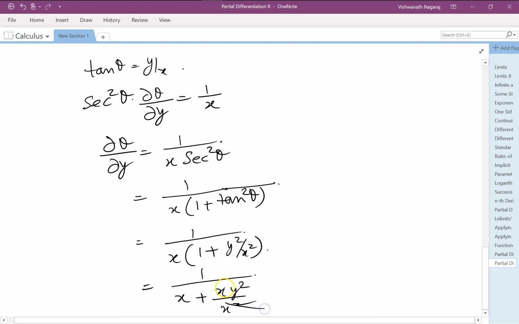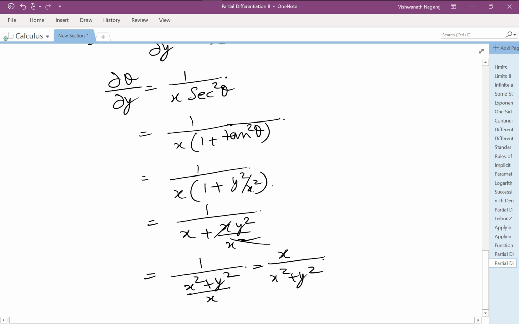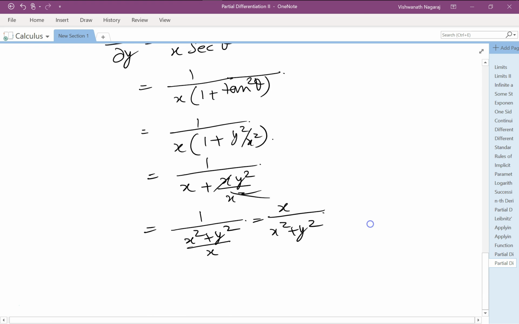So this square and this x will get cancelled, and we are left with 1 by x plus y square by x. So again we take a LCM. So this becomes x square plus y square, which is equal to x by x square plus y square. See, if you can do some of these steps in your mind, nothing like it.